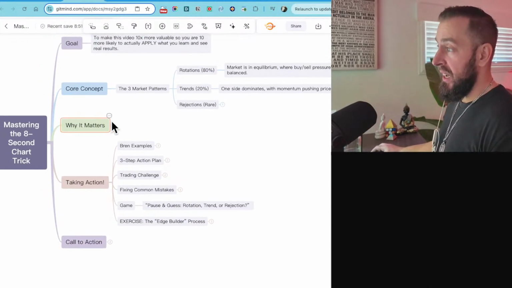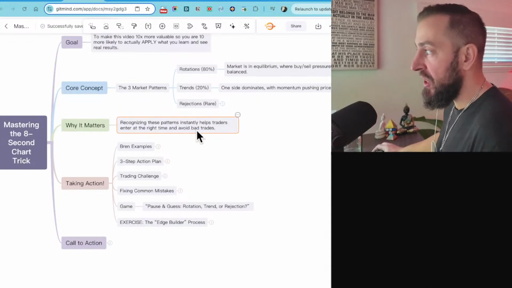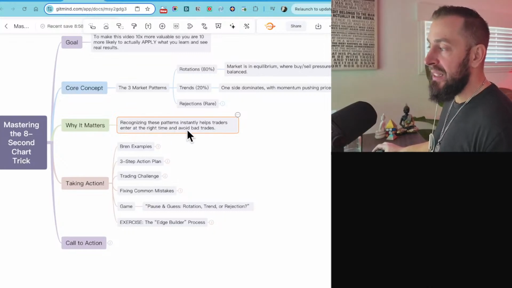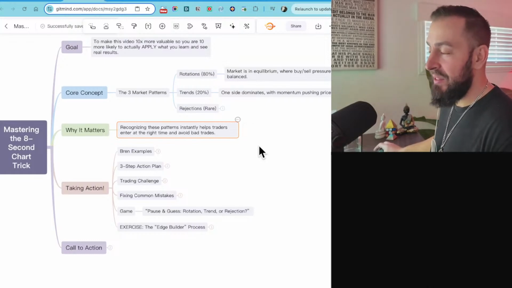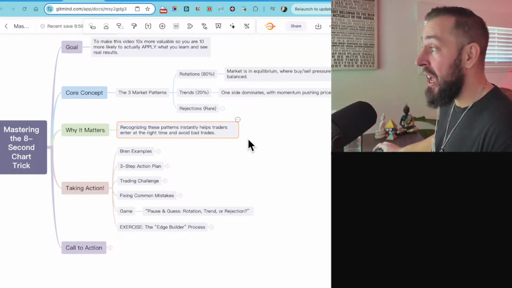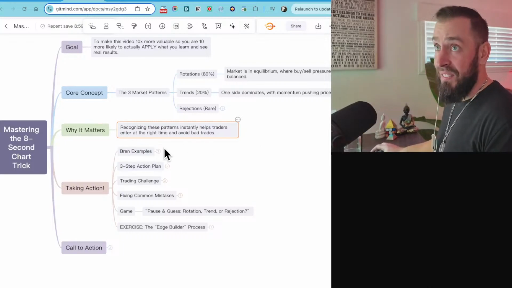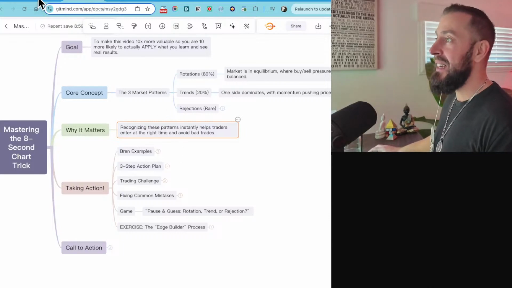Now, why does this matter? It matters because when you recognize these patterns, it will instantly help a trader enter at the right time and avoid bad trades. Just by being able to identify these patterns more clearly, you'll be able to avoid a lot of bad trades, which is a great thing. Obviously, making more money instead of less money, right?